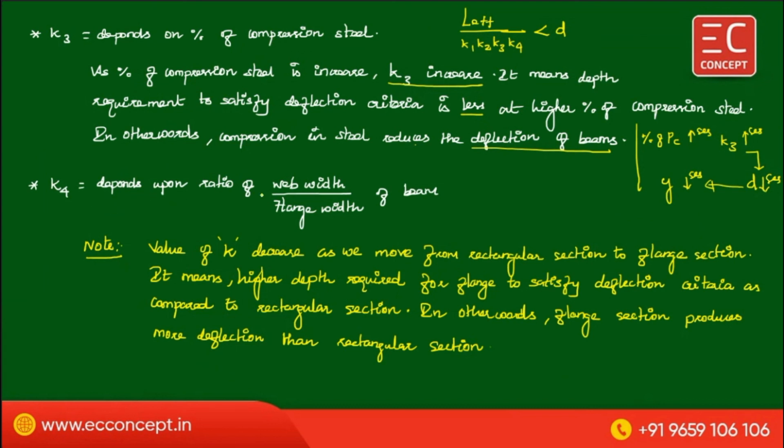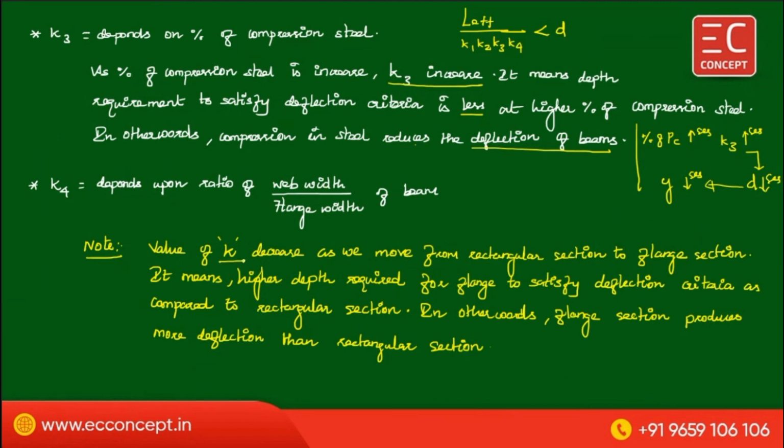Then K4 depends upon the ratio of web width to flange width of the beam. Here note, the value of K decreases as we move from rectangular section to flanged section. Be careful.